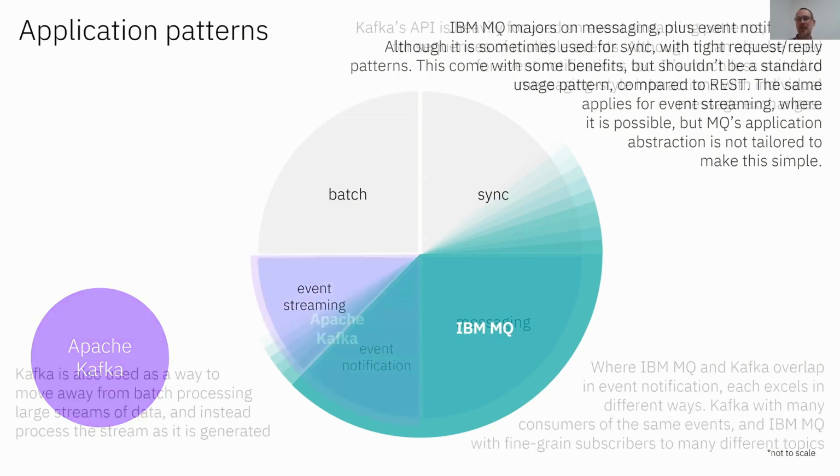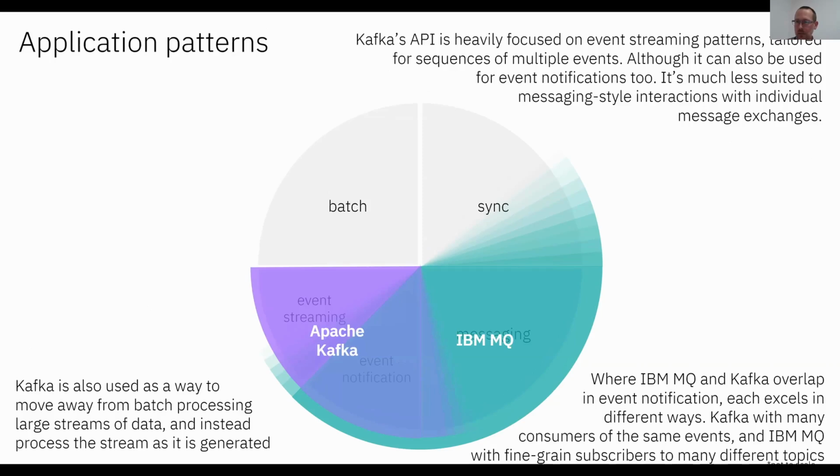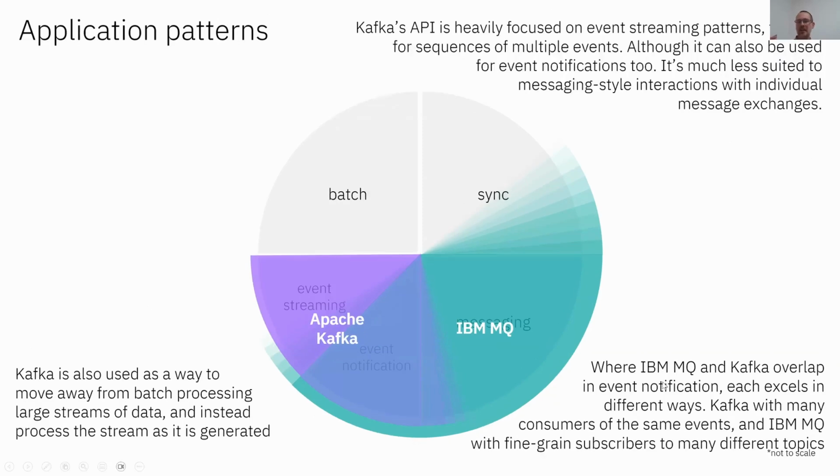If we then take Kafka, inevitably the overlap is a bit different. Apache Kafka is suited, as I mentioned, from the ground up for event streaming. The whole purpose of it, when it was originally built, is to take lots of data in and efficiently share that stream of data with applications in near real time, so they can do something smart with it.